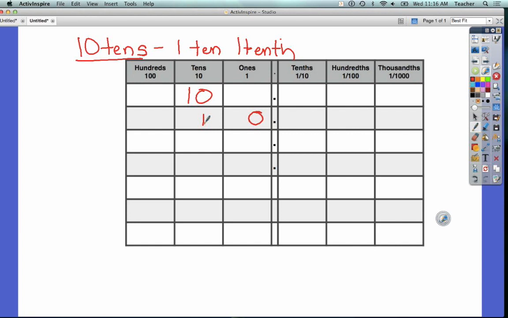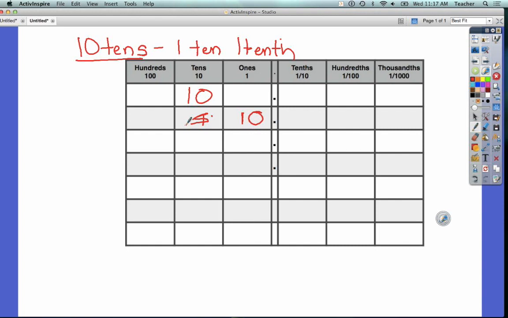If I were to decompose this number and scrunch them all together, how many total ones would I have? I would have 10 ones, right? So do you think 10 ones would be the same as 10 tens? Would that be the same?